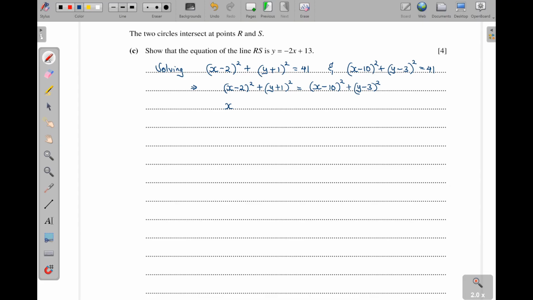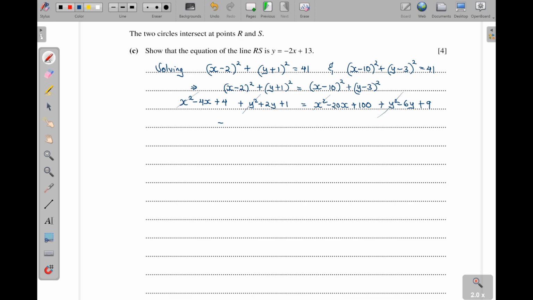When we expand this one, it will be x² − 4x + 4, plus y² + 2y + 1. On the other side, x² − 20x + 100, then y² − 6y + 9. The x² can easily cancel, and the y² can also cancel.